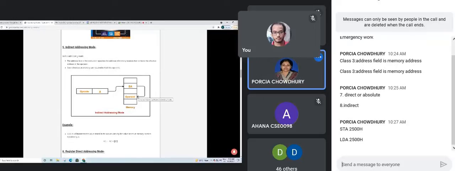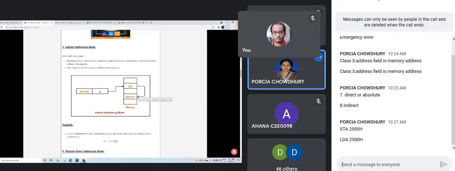In direct addressing mode, after the opcode there will be one memory address given. You have to go to that memory location to fetch the operand. So in registered direct addressing mode, we don't need to refer to memory, but in direct addressing mode, we need to refer to memory at least once.